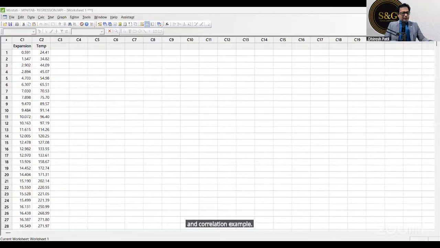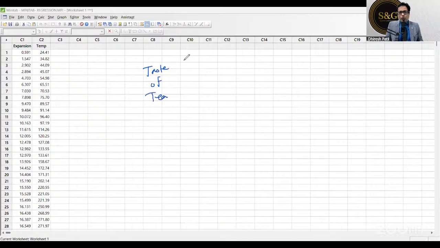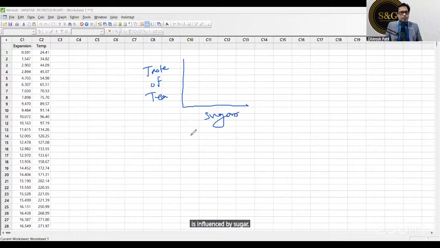Let me give you an example on this. Let's say I want to check whether the taste of my tea is influenced by sugar.